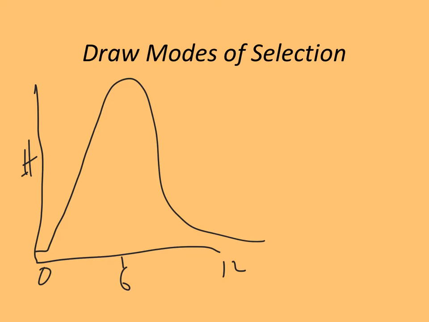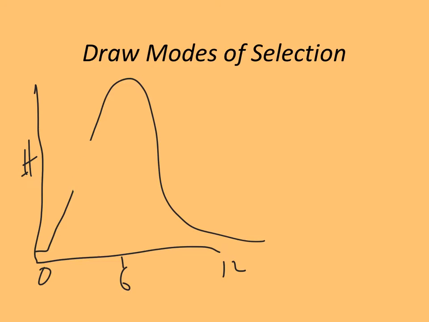And if the average wolf has fur that's 6 inches long, but there's variation, remember that's heritable, so you have to have heritable variation. Well, which do you think is going to survive and reproduce better if it's getting colder? A wolf with longer hair or shorter hair? Longer. Okay. So we're going to have directional selection.